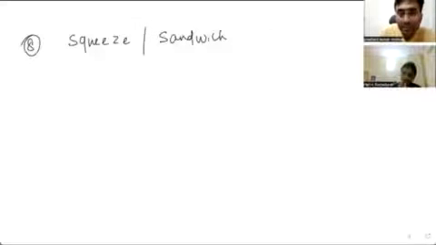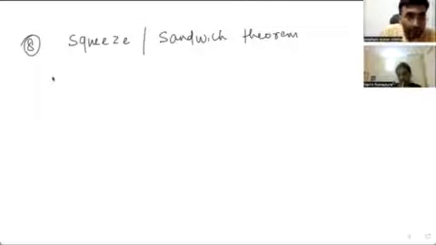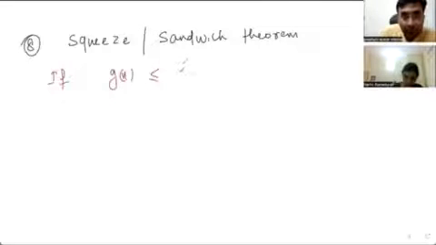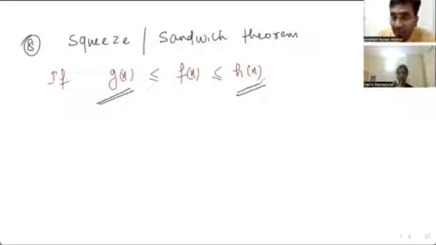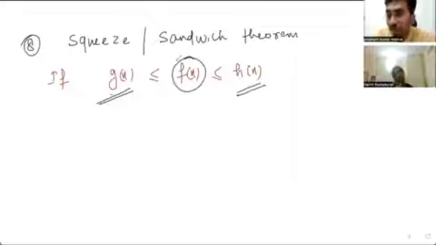So what does it basically say? Let there be functions gx, fx and hx. If gx and hx are defined for some particular value, then fx will also be defined for that value, because fx is sandwiched between the two functions.